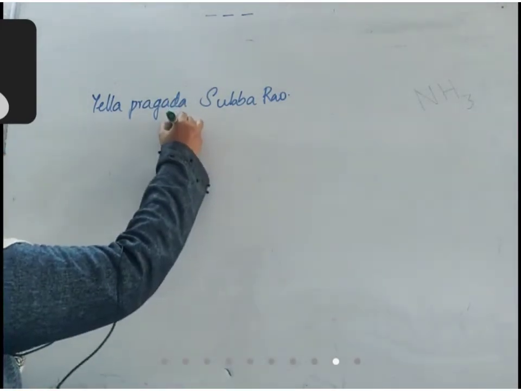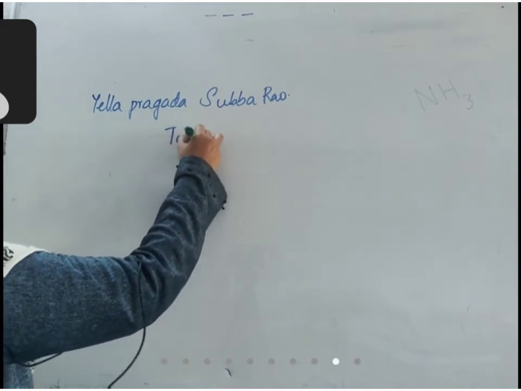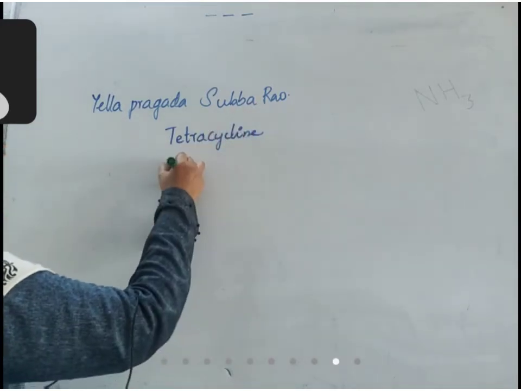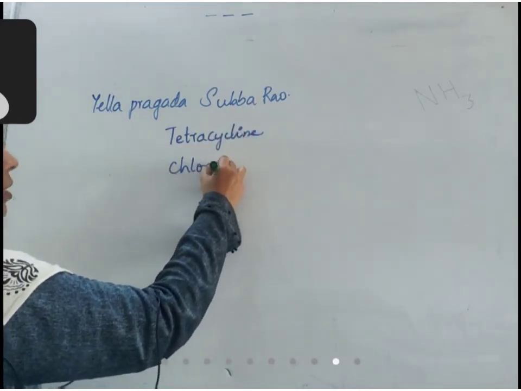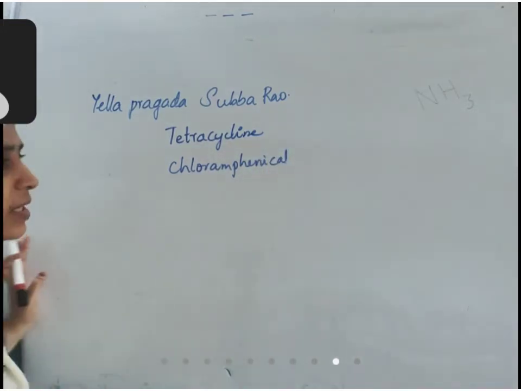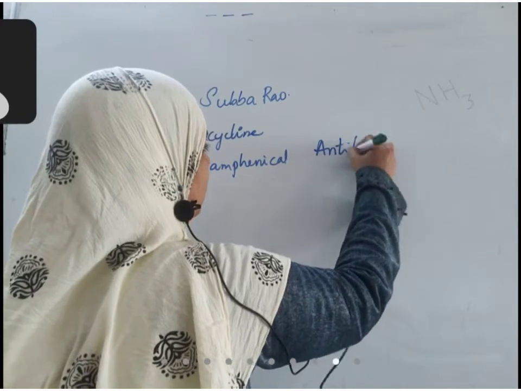What he discovered is drugs like tetracycline and chloramphenicol. These are the drugs which are used as antibiotics.